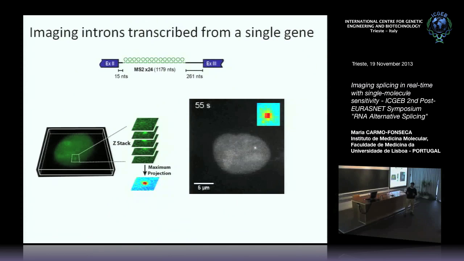And when we look at these cells by spinning disk confocal microscopy and we look at time lapses, what becomes obvious is that the intensity of fluorescence at the transcription site fluctuates over time. And because we have introduced the MS2 in an intron, these fluctuations reflect the synthesis of a new intron, and when the fluorescence comes down, the splicing of that intron.